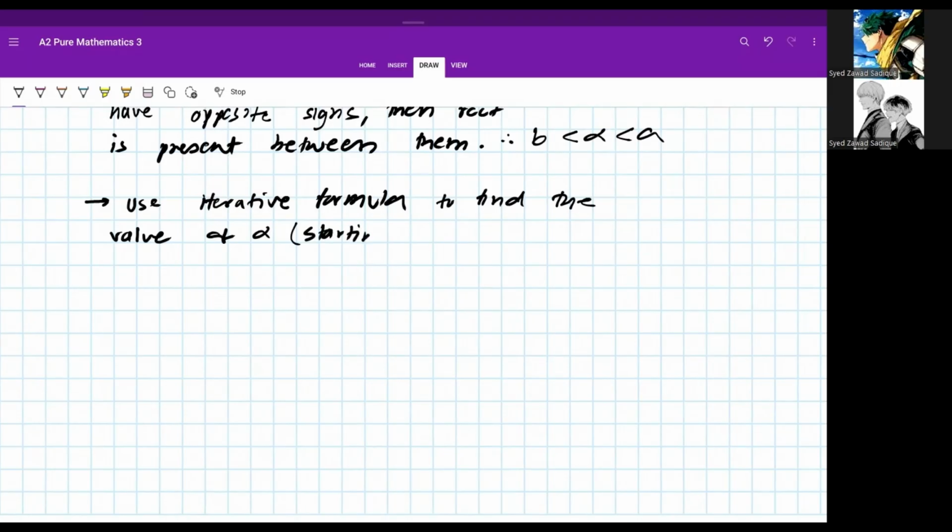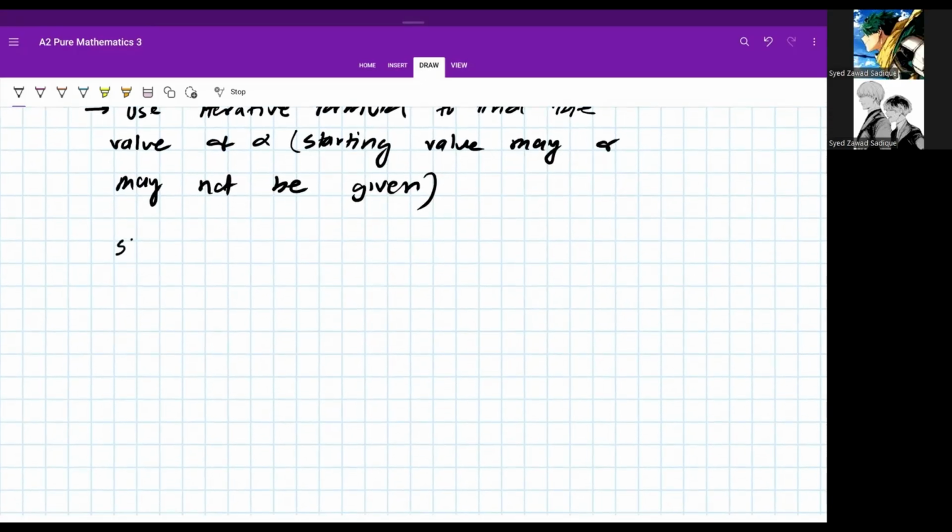The starting value may or may not be given. The only skill you will need in this topic is drawing graphs.